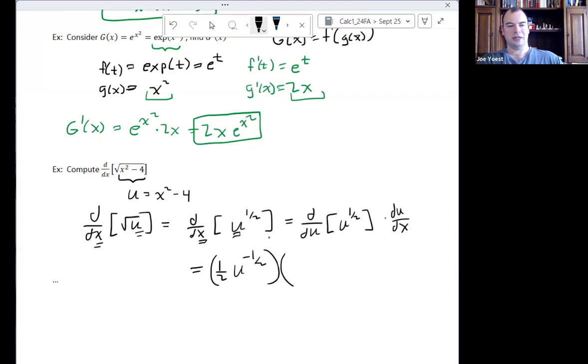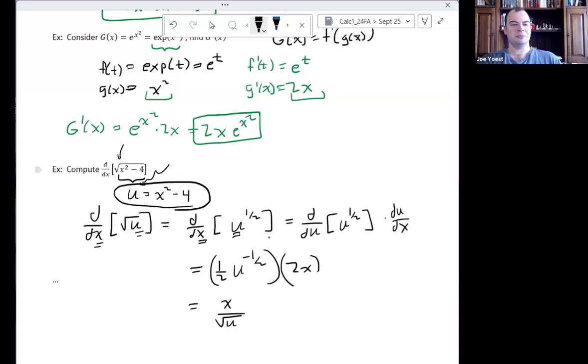And then what's du by dx? What is the derivative of this function with respect to x? Just 2x. Or this ends up with, well, the 2 over 2 goes away. I end up with x over square root of u. But remember, u was a variable that I chose to introduce. It's nowhere in the original problem.